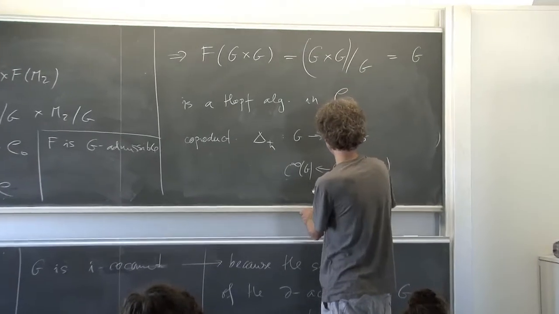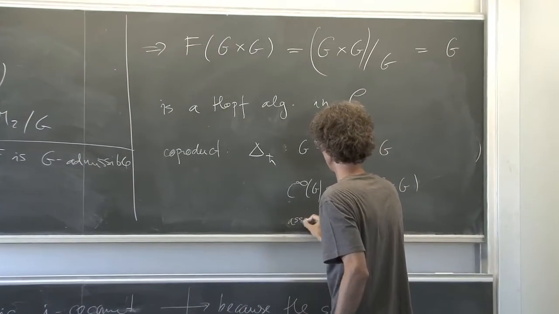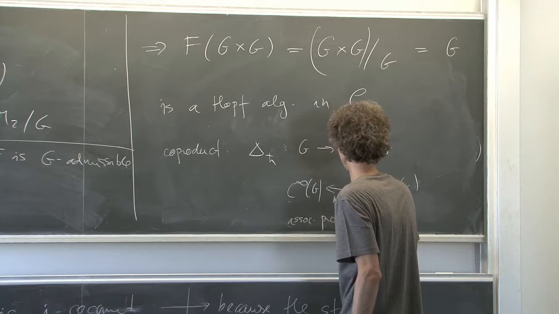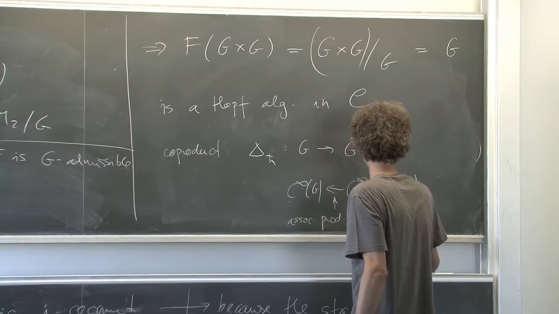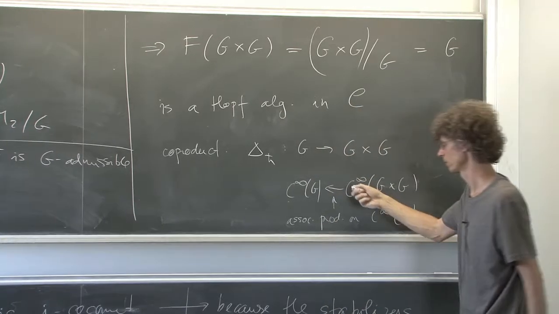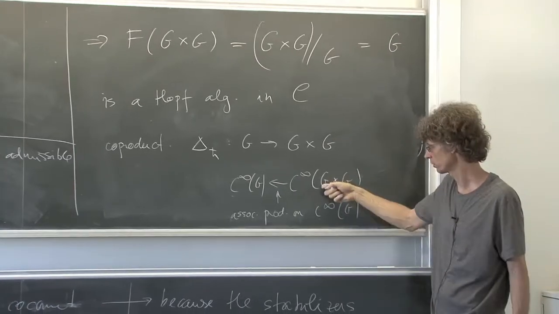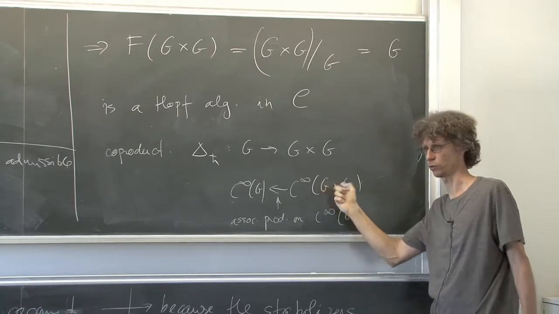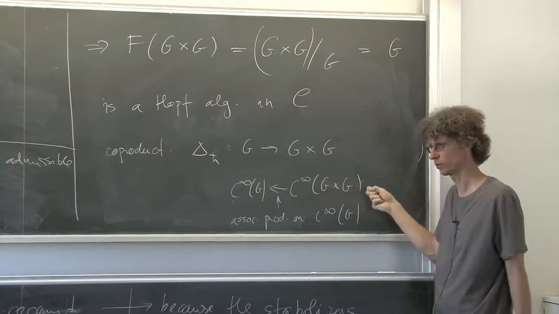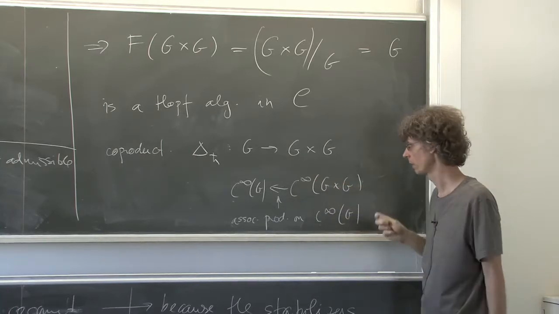So this gives you an associative product on C infinity of G. When you just restrict to functions which are products of a function of one G and a function of the other G, you get that thing.